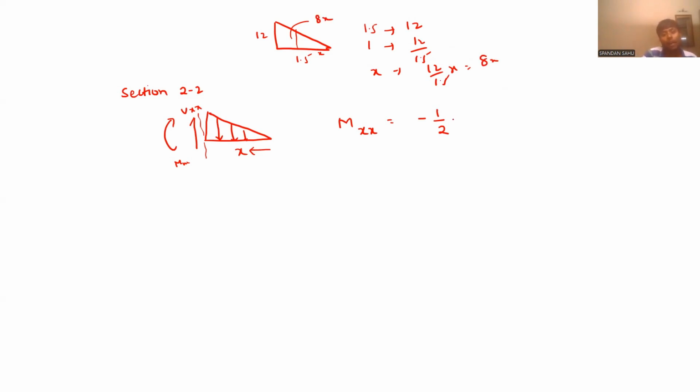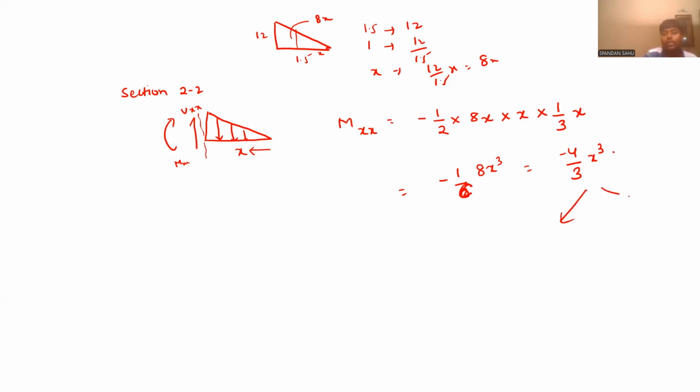So minus half into 8x into x into what will be the height? It will be 1/3 of. So minus half into 8x cubed by 3. So minus 1 by 6, 8x cubed. So minus 4 by 3 x cubed. Okay.